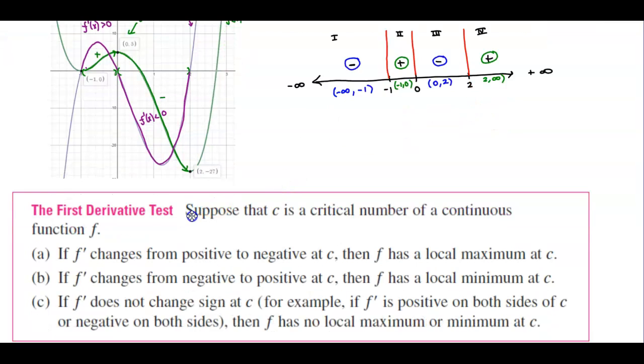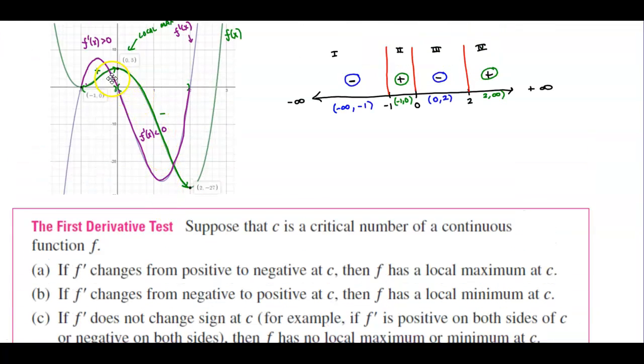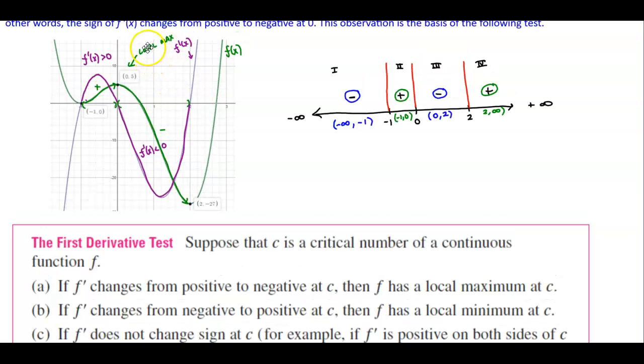The first derivative test: suppose that c is a critical number of a continuous function f. If f prime changes from positive to negative at c, then f has a local maximum at c. So you can see here that it changed from positive to negative, and so therefore we ended up with a local maximum.